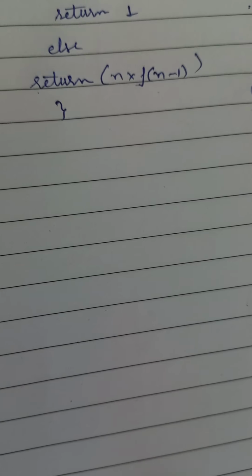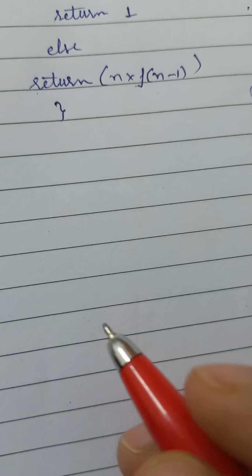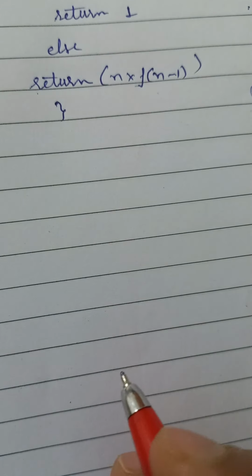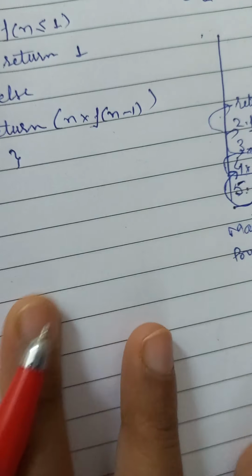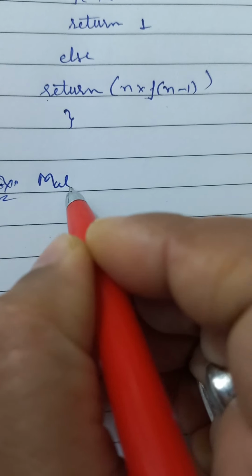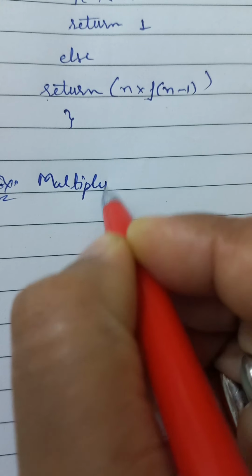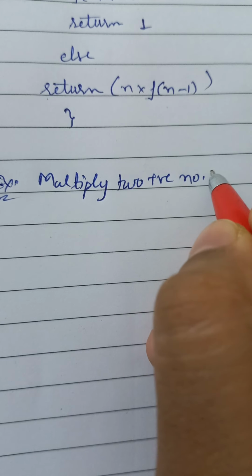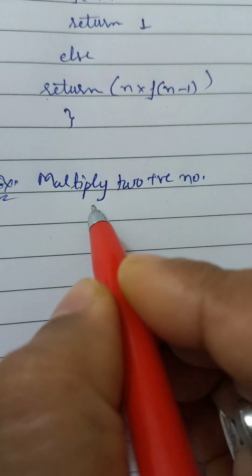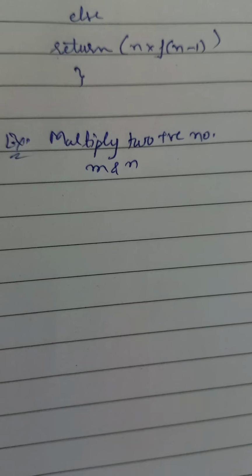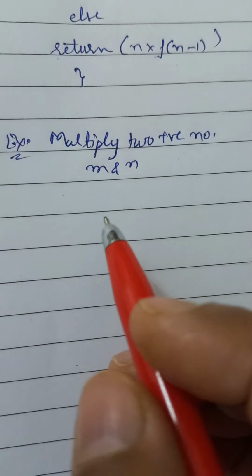In a similar way, we write a recurrence relation and recursive program to multiply two positive numbers. Suppose we are taking m and n. How are we going to write the recurrence relation?